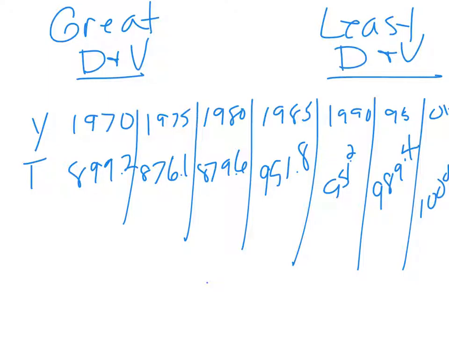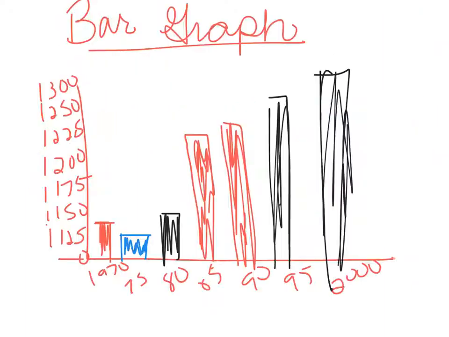So which year had the greatest consumption? Clearly the greatest is going to be the 1000 here, and the least is going to be in 1975 with 876.1.